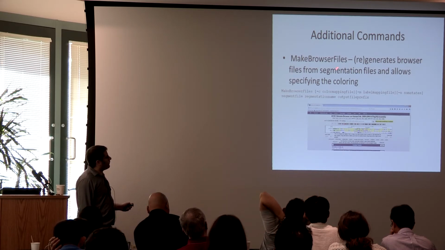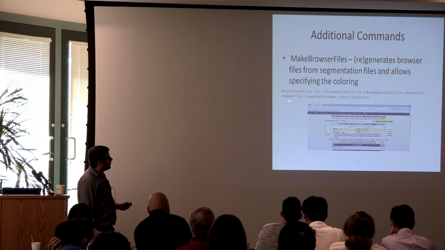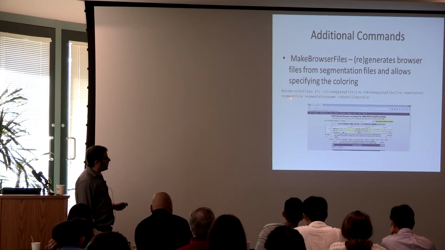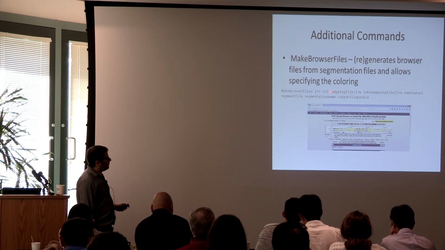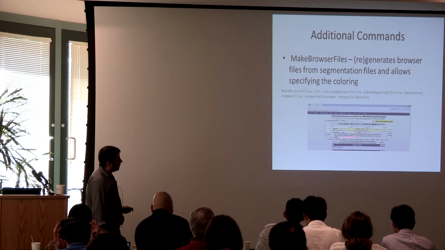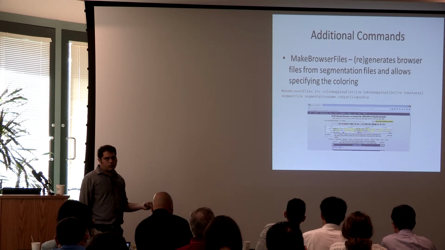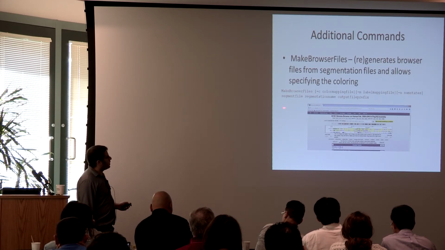So, make browser file. If you have a model, or a segmentation file, this just works off of the BED, 4-column BED file. You can give each state a color, there's a color mapping file which is described in the manual, and you can also give labels, names of the states, and then it can regenerate those browser files for you based on a new coloring scheme if you desire, or giving actual state labels.